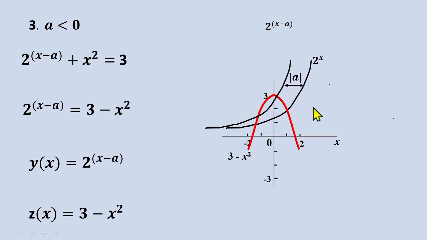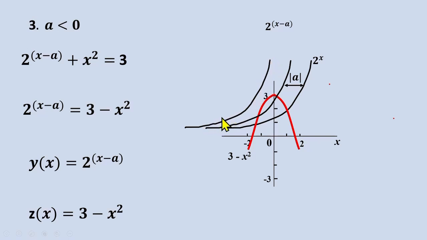Here we see that for small displacements the equation will have 2 roots. For large a, we have no roots, so no points of intersection.